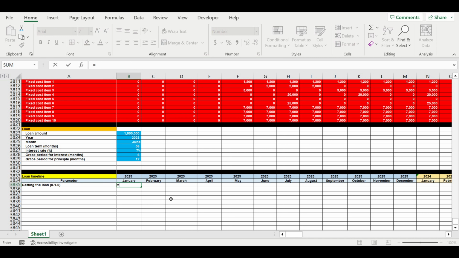We will be using the IF and AND functions.